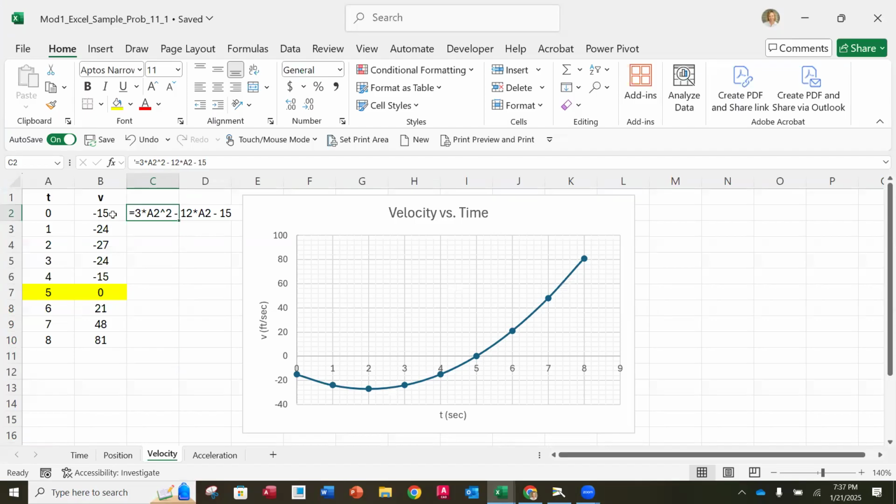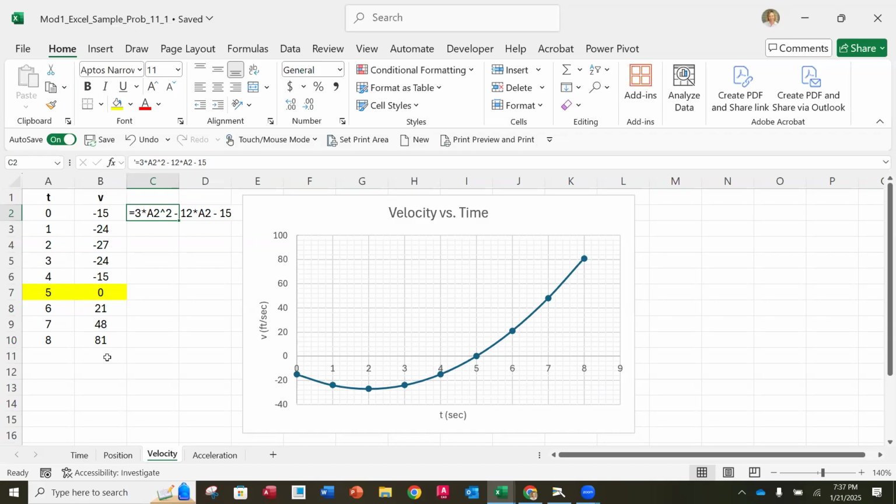Again, you don't have to show that, but it is the equation in here with A2 being the time, and then it's going to be calculating the velocity based on 3 times the time squared minus 12 times the time minus 15. And then copying that down, you'll see that at that 5 seconds is where your velocity is 0, which is what it told us on our first tab.